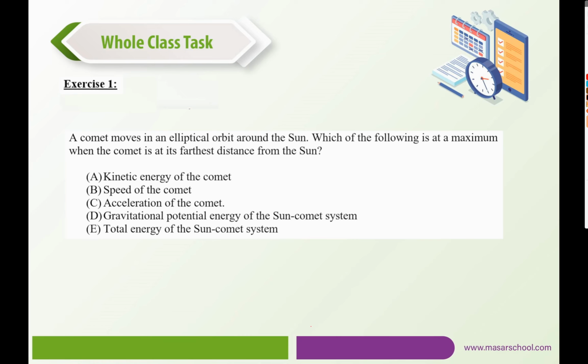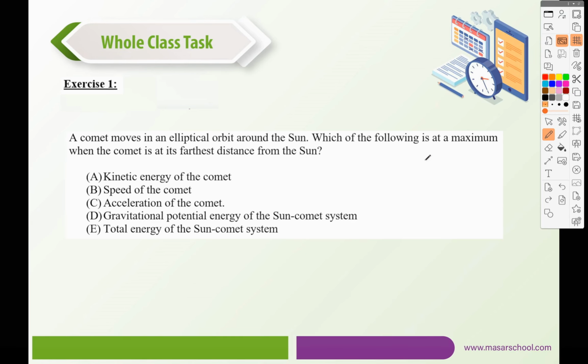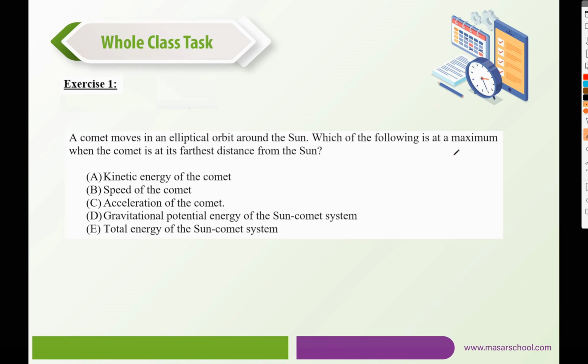A comet moves in an elliptical orbit around the Sun. Which of the following is at a maximum when the comet is at its farthest distance from the Sun? We know that when the distance is very large, the speed is minimum. So not the kinetic energy, not the speed, not the acceleration, not the gravitational force.